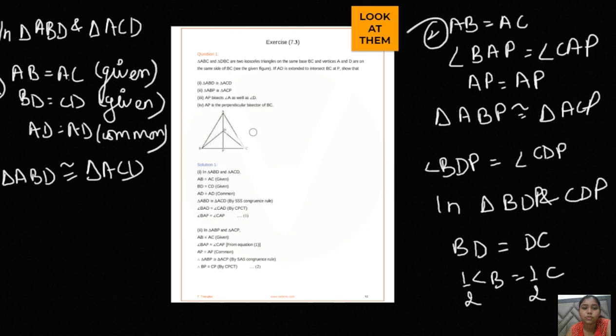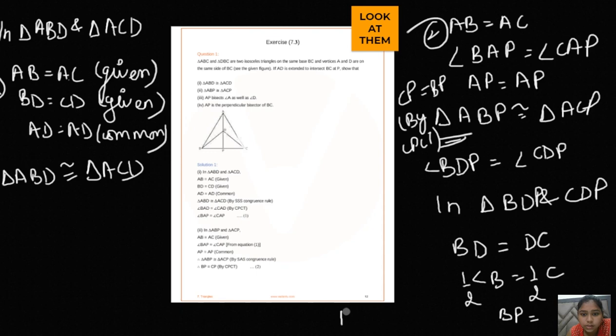By the earlier proof, we have BP equal to CP by CPCT. So we can take BP equal to PC by CPCT, and PD is equal to PD, common.